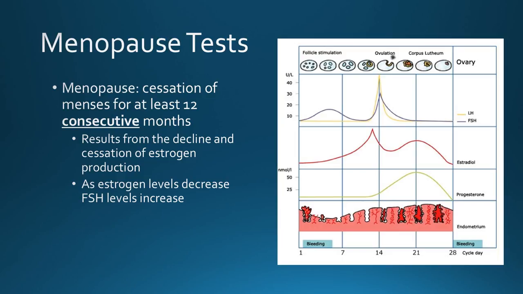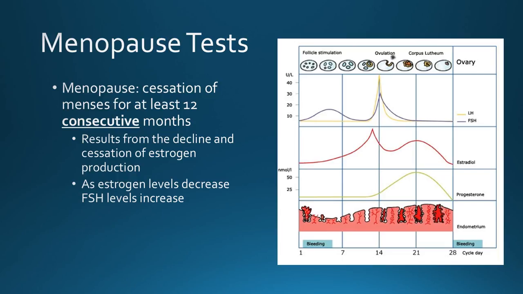Menopause typically occurs at age 45 or 40 up to 55. Your average age of onset is going to be 51, so again, additional tools to determine whether or not this test may be appropriate for your patient. And menopause results from the decline and cessation of estrogen production, which then causes an increase in your FSH, or follicle stimulating hormone level, as it tries to produce more estrogen.